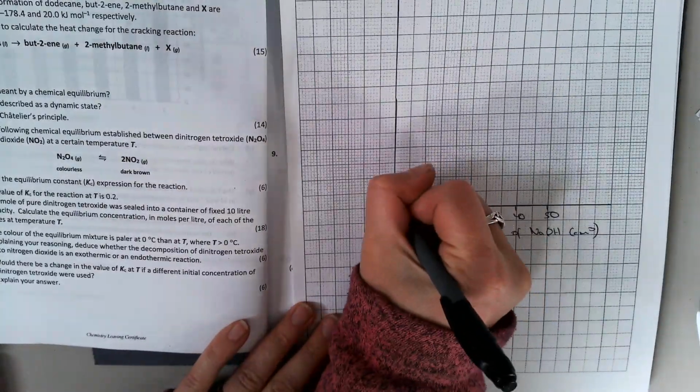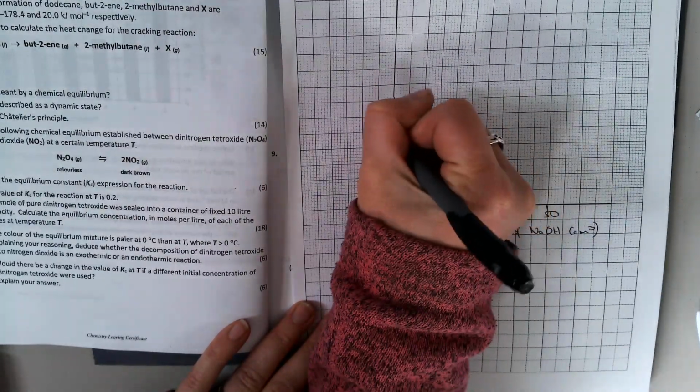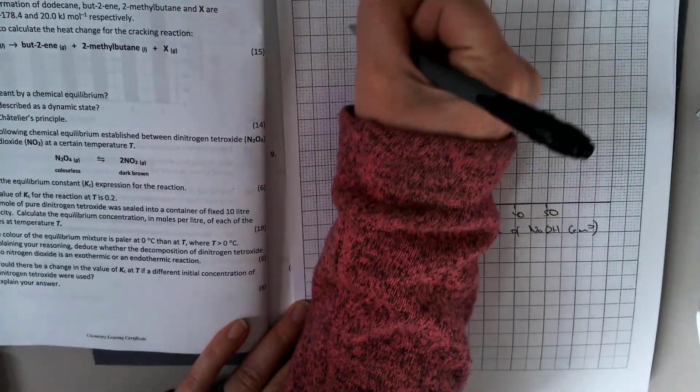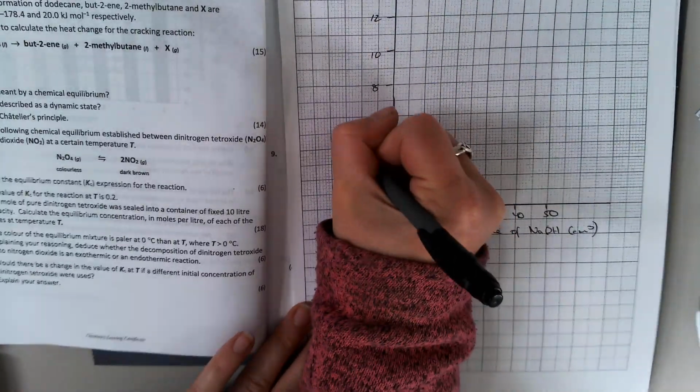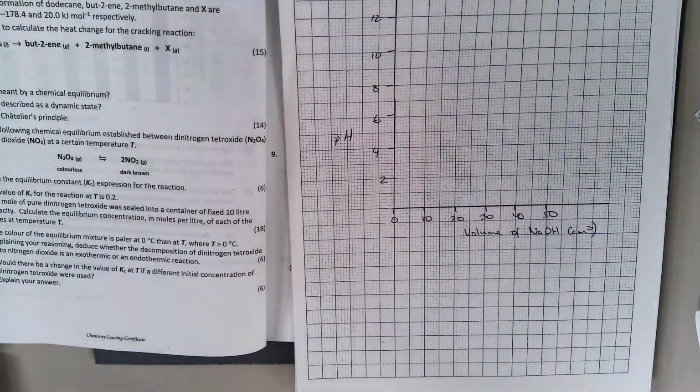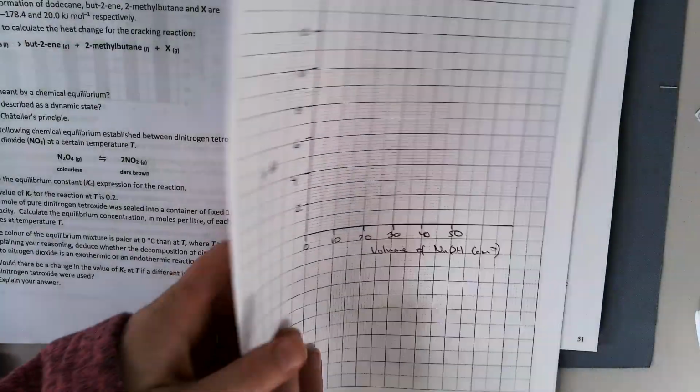So I'm going to go up in 2s: 4, 6, 8, 10, 12, 14. And that is my pH here. So the first thing that you have to do is label your axes.